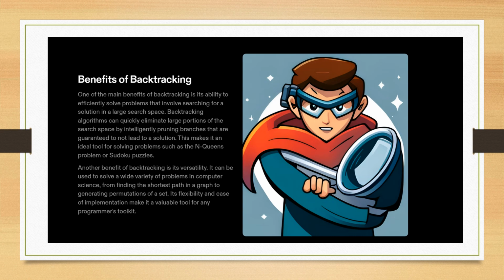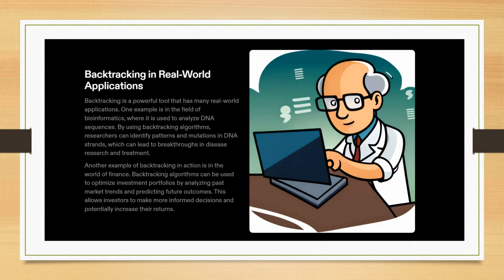Another benefit of backtracking is its versatility. It can be used for solving a wide variety of problems in computer science, from finding the shortest path in a graph to generating permutations of a set. Its flexibility and ease of implementation make it a valuable tool in a programming toolkit.